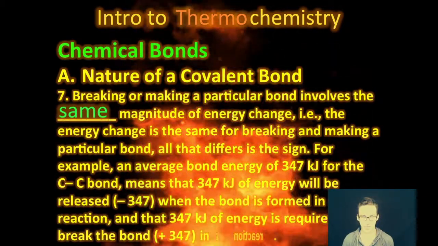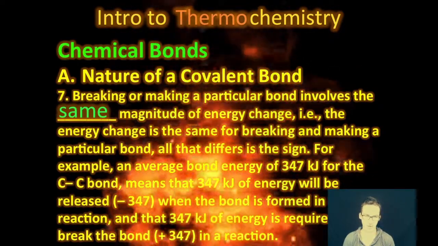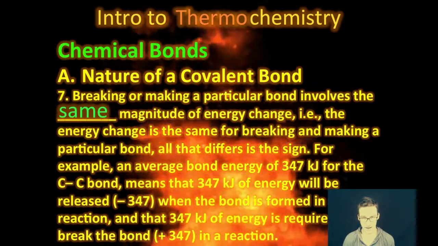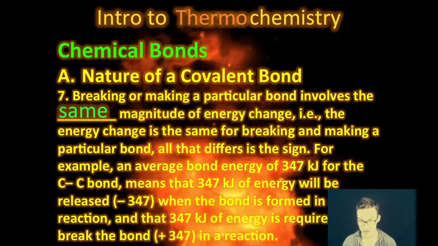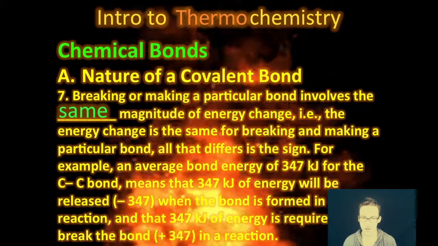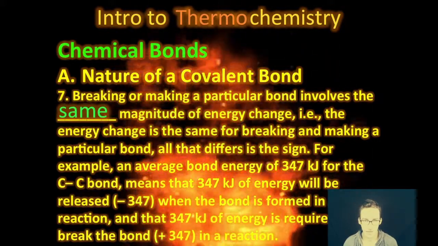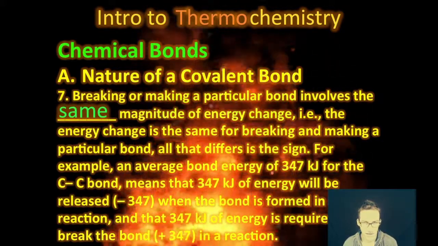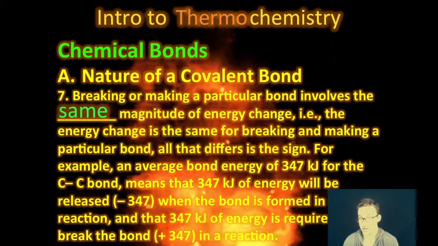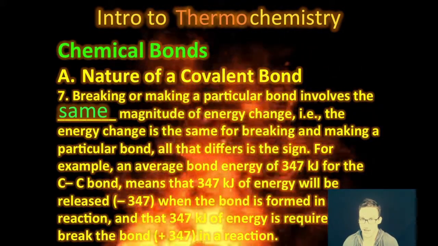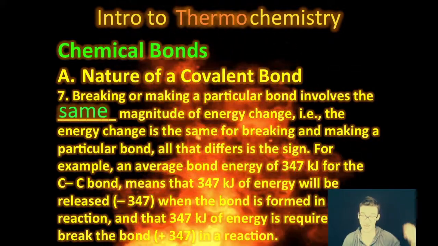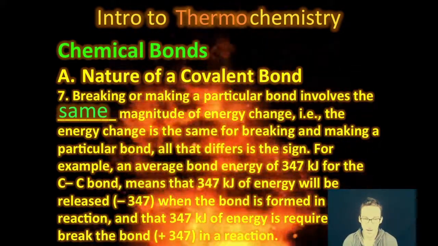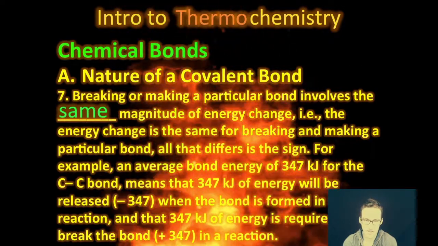It's important to know that, because as we work through some of the problems here, making or breaking a particular bond involves the same magnitude of energy. In other words, whatever energy is required to break a bond is equal to the amount of energy that's released when that bond is formed. The reason that's important is that we're going to look at a data table of bond dissociation energies, and they're all going to be positive values.